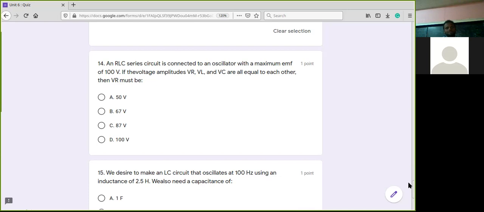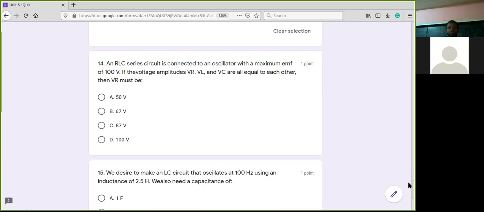How do we calculate? VL and VC are equal, yes? What is the total voltage?